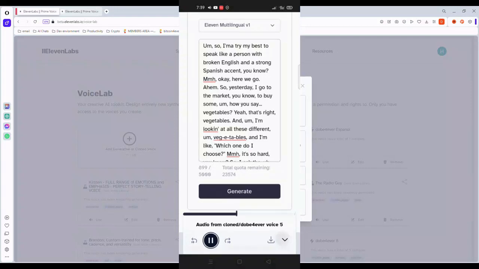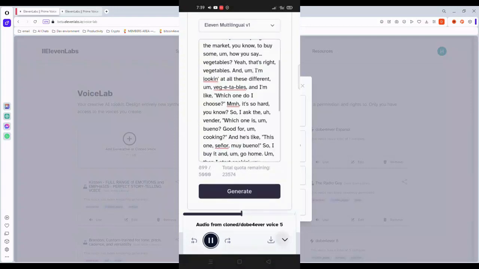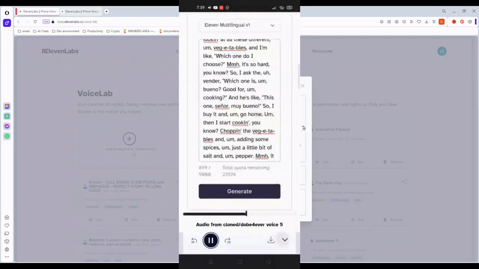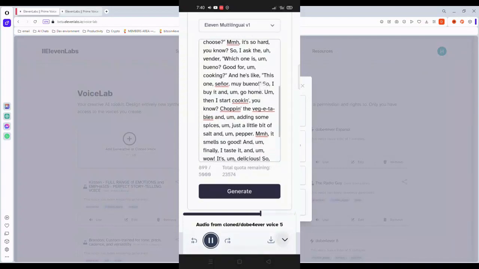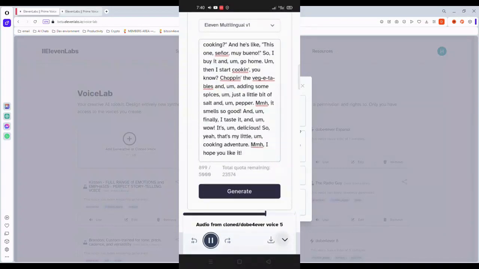So I asked the vendor, which one is bueno, good for cooking? And he's like, this one, senor, muy bueno. So I buy it and go home. Then I start cooking, chopping the vegetables and adding some spices, just a little bit of salt and pepper. It smells so good. And finally I taste it and wow, it's delicious. So yeah, that's my little cooking adventure. I hope you like it. I hope this captures the style you were looking for.